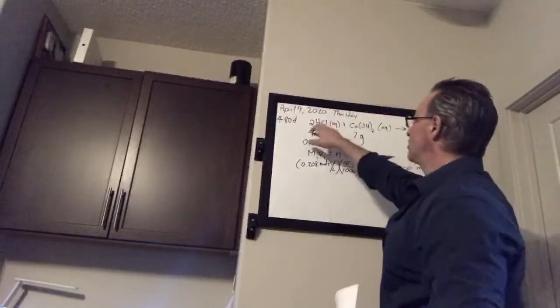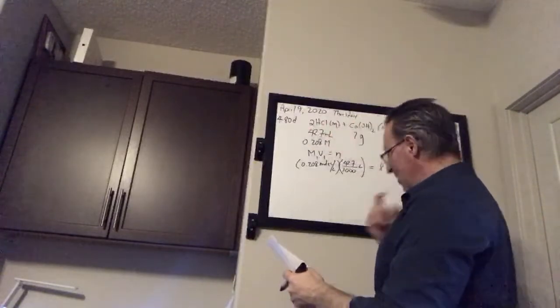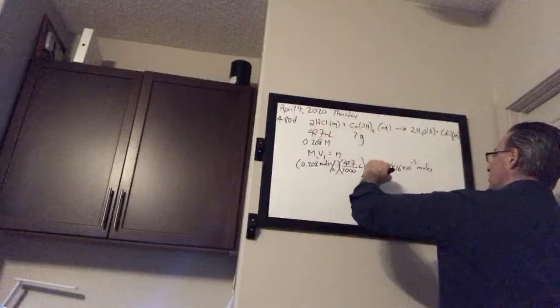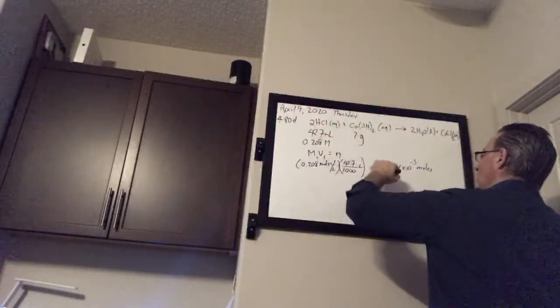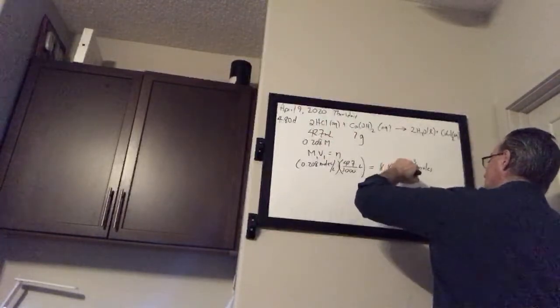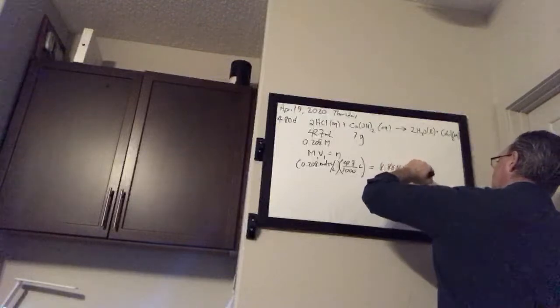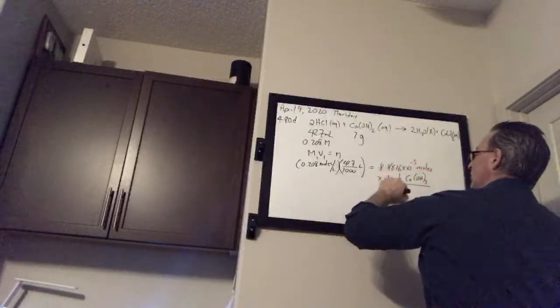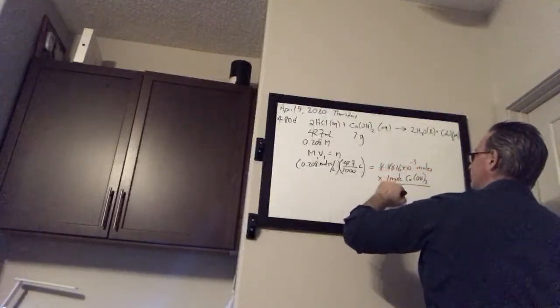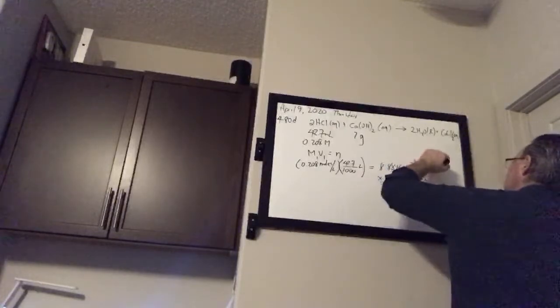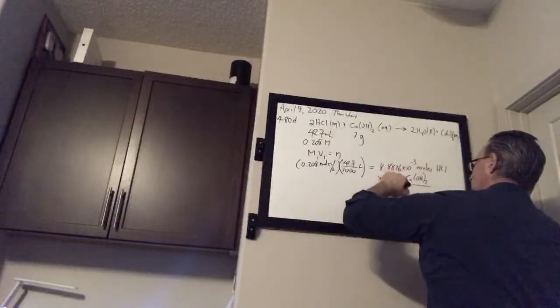But recall that there's a 2-to-1 stoichiometry here, so we have to include that. So we're going to say times 1 mole of calcium hydroxide is used up for every 2 moles of HCl we're using here, 2 moles of HCl.